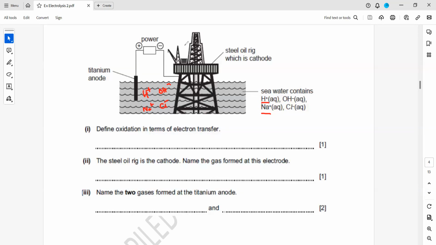In this case, the hydrogen ions will move there. When hydrogen ions move there, as a result, what will happen? They will take two electrons and form hydrogen gas. So there will be bubbles. So which gas is formed? There will be hydrogen gas.